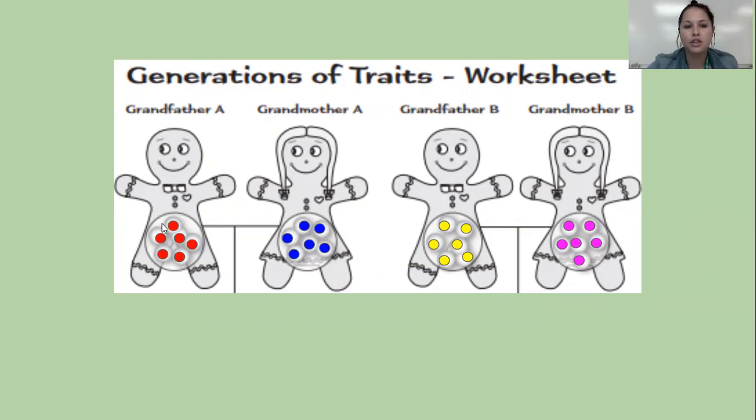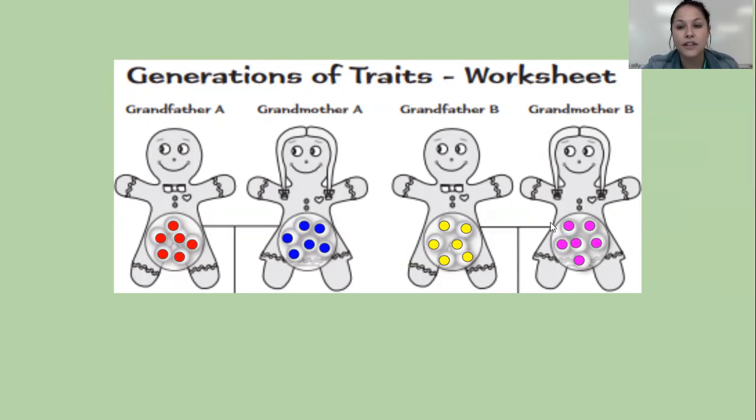These are all traits of grandfather A and grandmother A. Since they're not related, they have different traits. Same thing here with grandfather B and grandmother B. So we have red for grandfather A, blue for grandmother A, yellow for grandfather B, and purple for grandmother B.